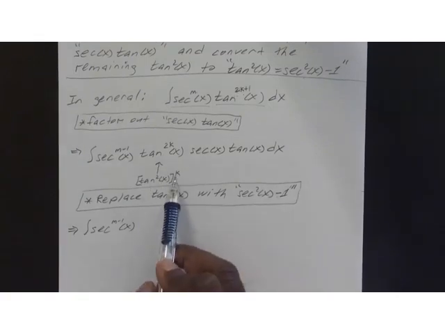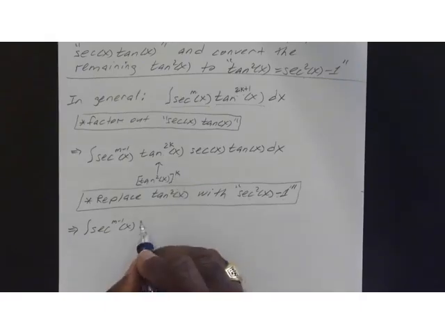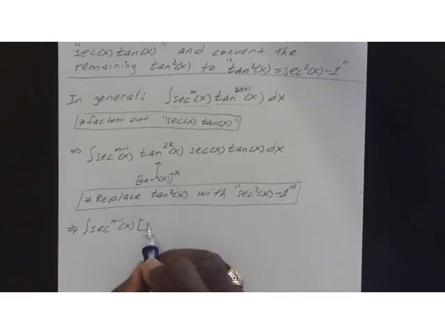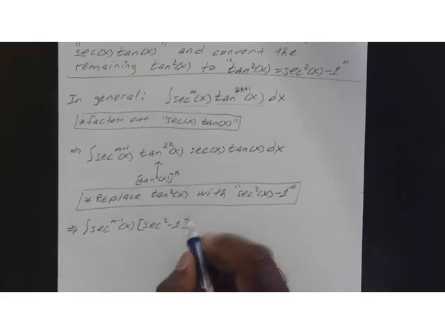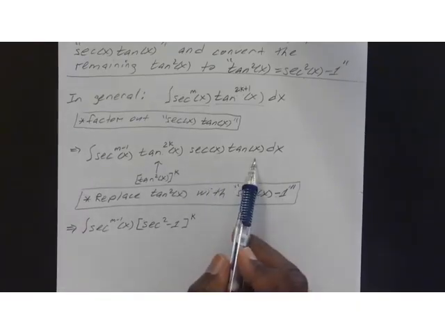Instead of tangent squared to the power of k, that's going to become secant squared minus 1, to the power of k. Tangent squared to the power of k, so that becomes secant squared minus 1 to the power of k, times secant times tangent of x.